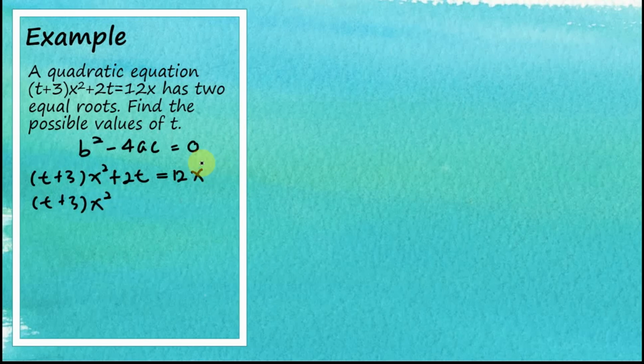Now, in general form, the right-hand side must be equal to 0. So we move this 12x to the left. It becomes minus 12x, and then plus 2t equal to 0.